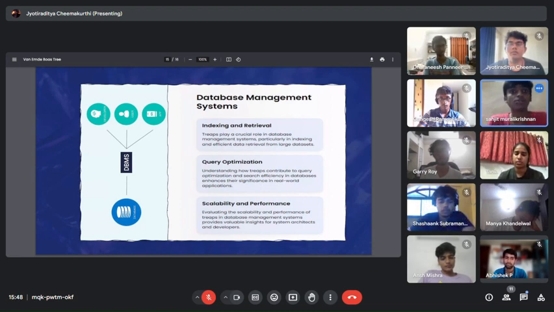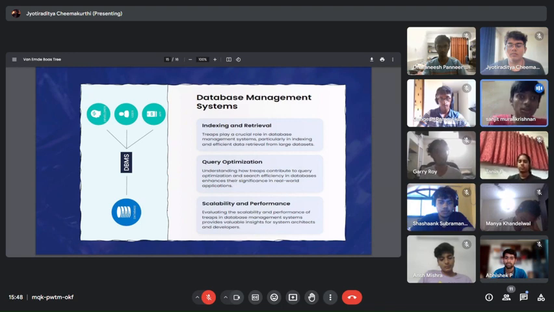The randomization helps to reduce any errors. Then query optimization: Treaps can contribute to query optimization due to their search efficiency in databases again. And lastly, Treaps are scalable in their performance, and can be scaled to really large systems as well, which makes them an ideal data structure for developers.